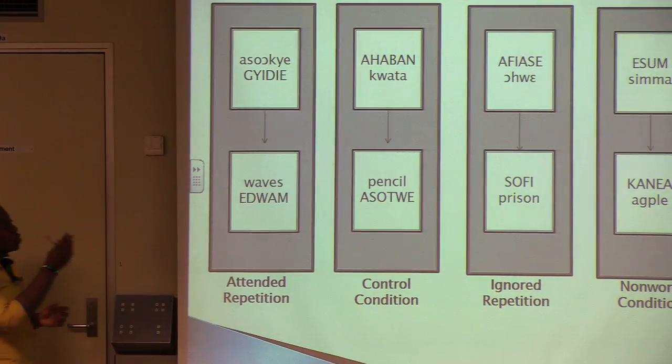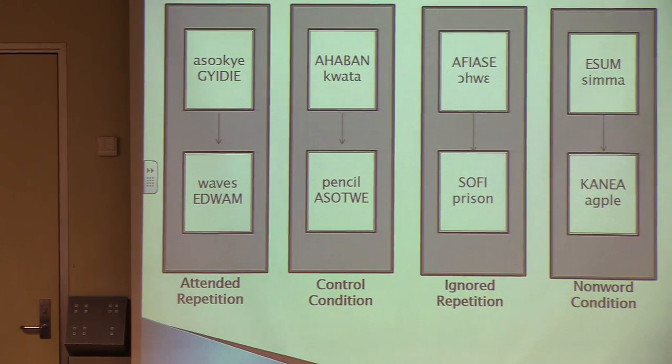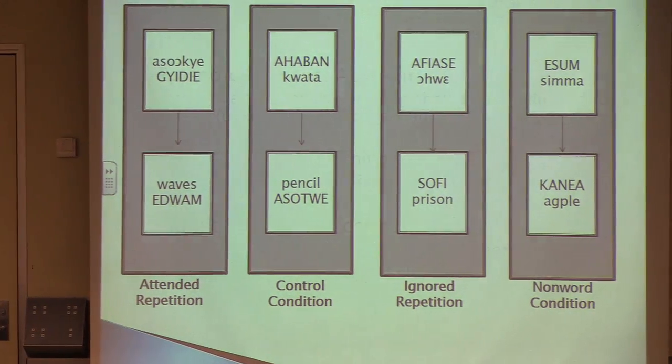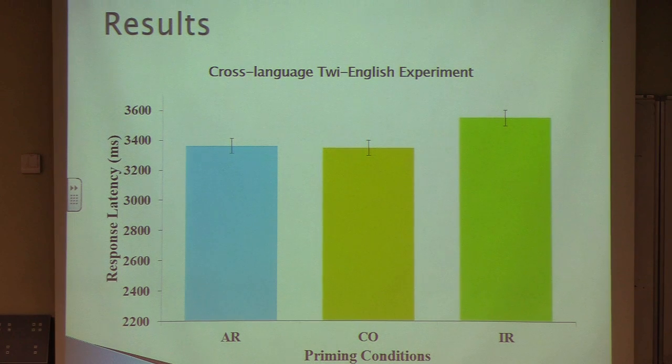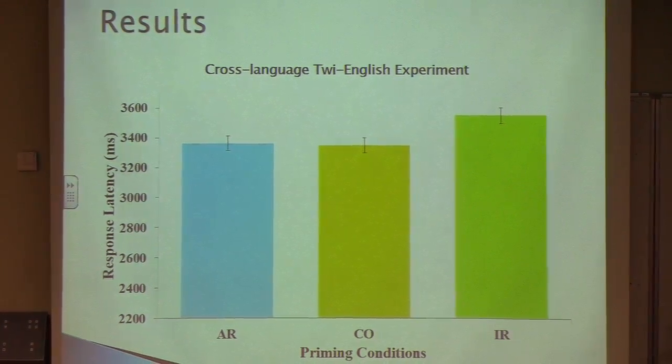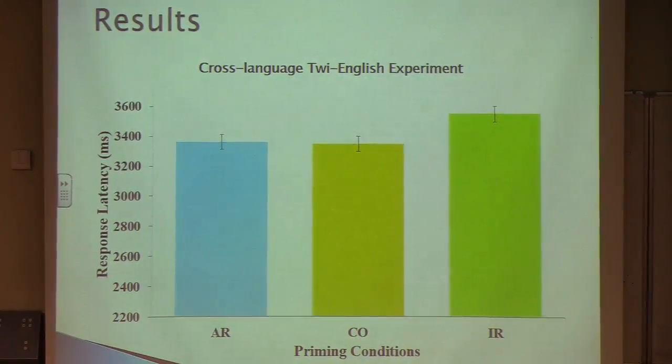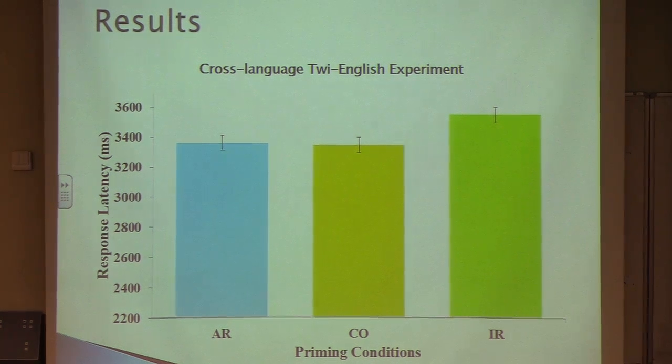Okay. So that's the manipulation we did here, and if you move to the results section, you could see that the attended repetition and the control show no significant difference, and the control and the ignored repetition still seem to be showing some difference. So it implies that positive priming here has been eliminated, but negative priming actually remains intact.